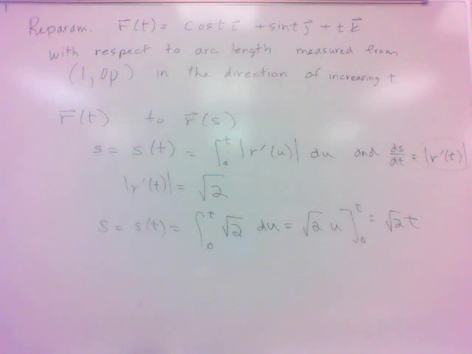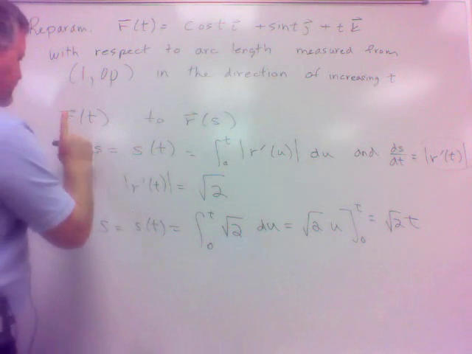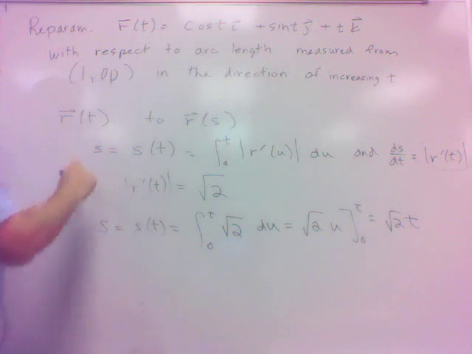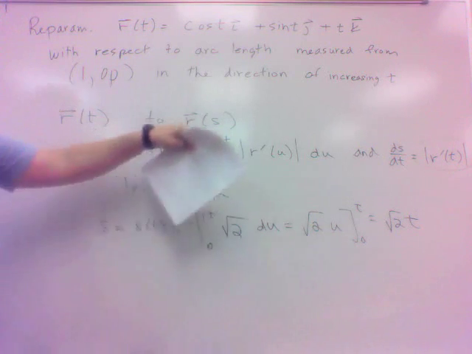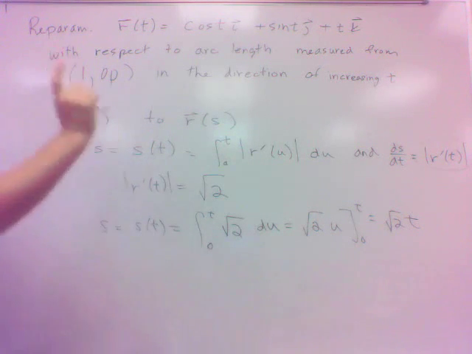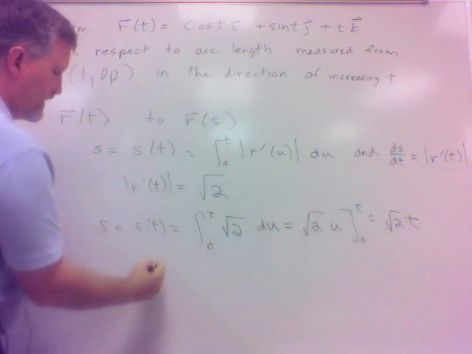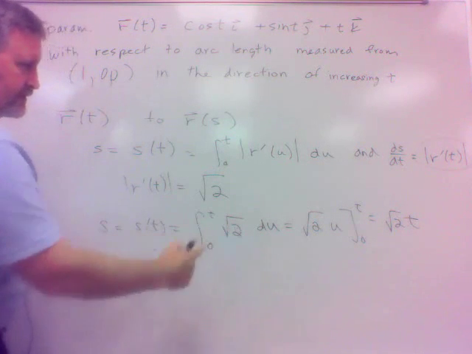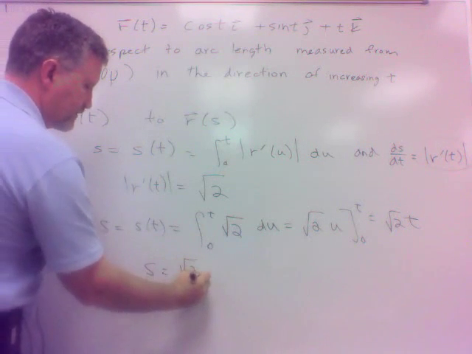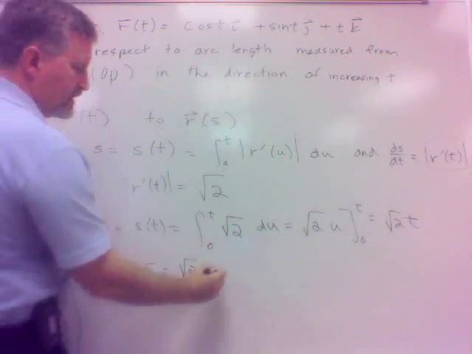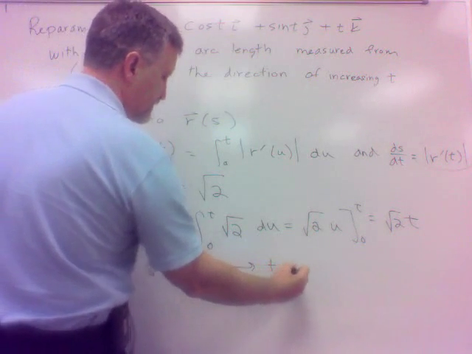Now, the goal was to go from r, the vector in terms of t, to the vector in terms of s. We now know that s from this work is equal to the square root of 2 t. So what could we replace t by?